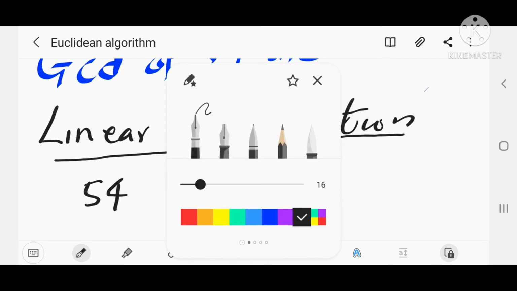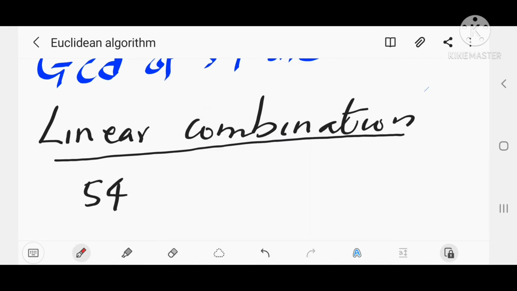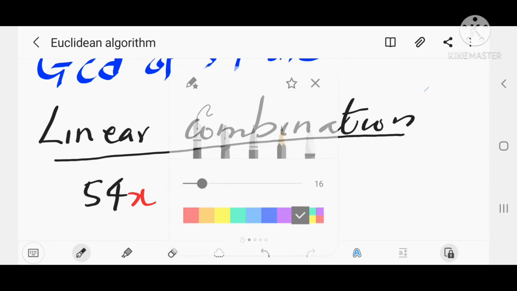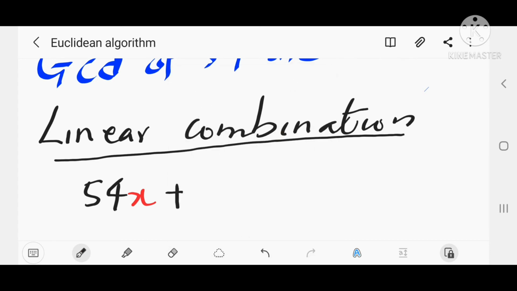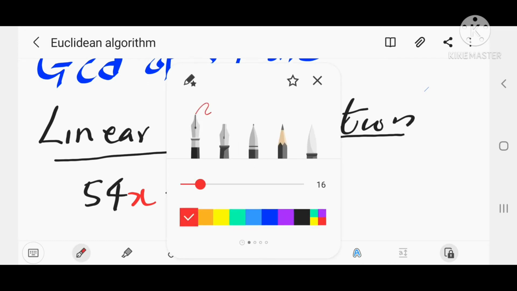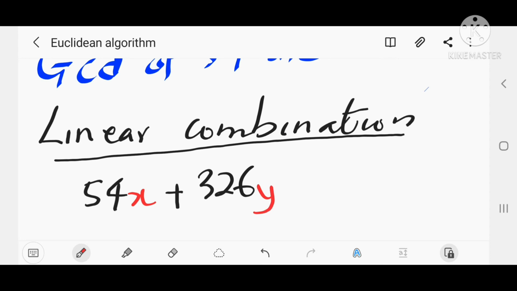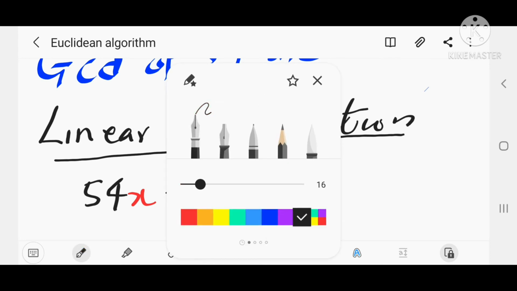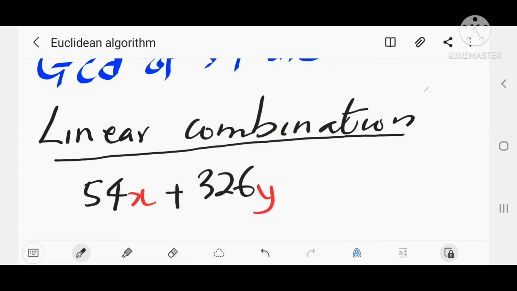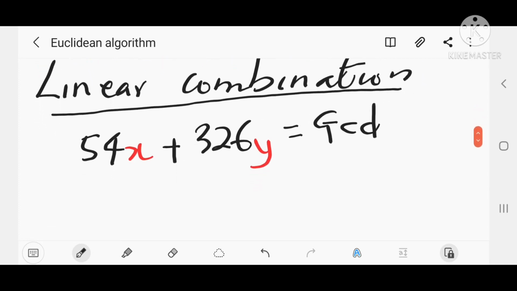Since the two numbers we are using are 54 and 326, in how many ways can we combine them? Let's say 54 times x plus 326 times y. In how many ways can we combine this to give us the GCD? That would be the linear combination.